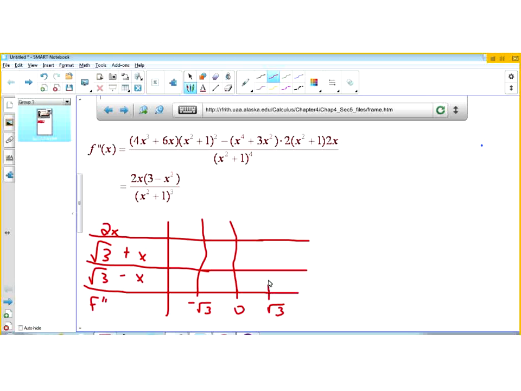Okay, so if x is positive, 2x is positive. If x is negative, 2x is negative. So if x is greater than negative square root of 3, this factor is positive.